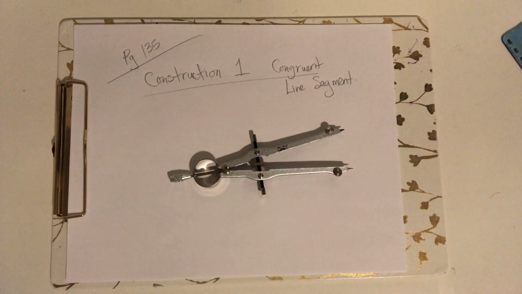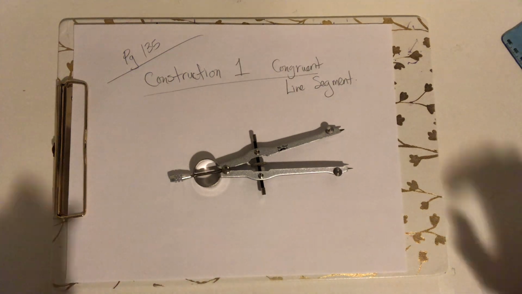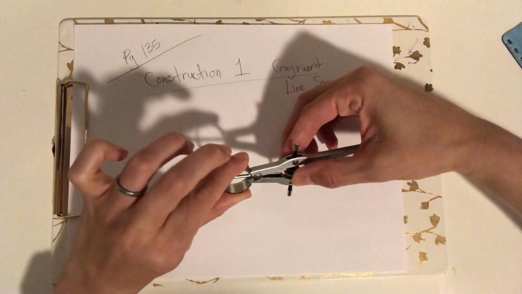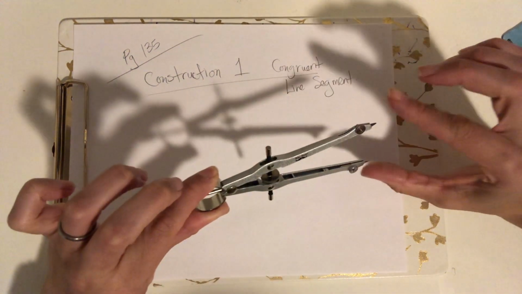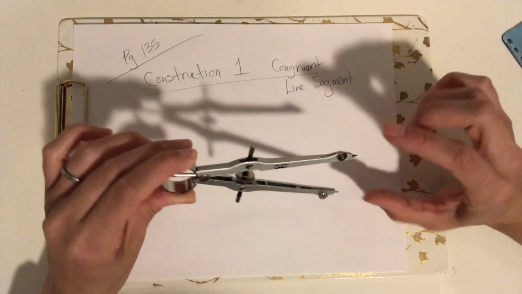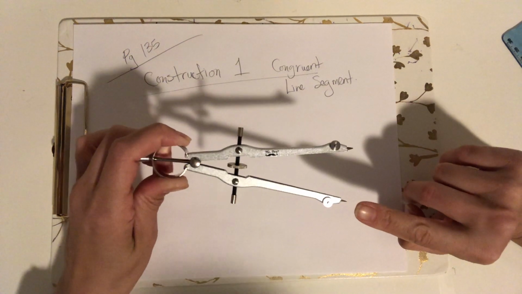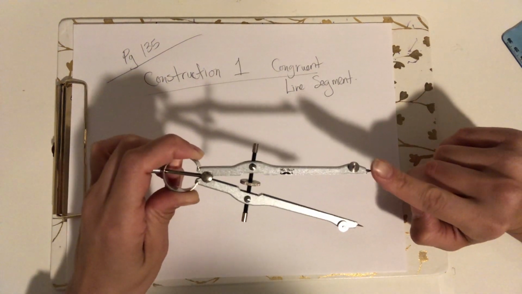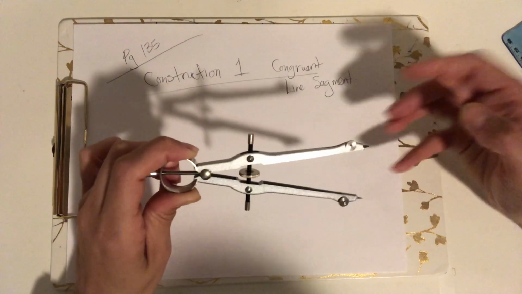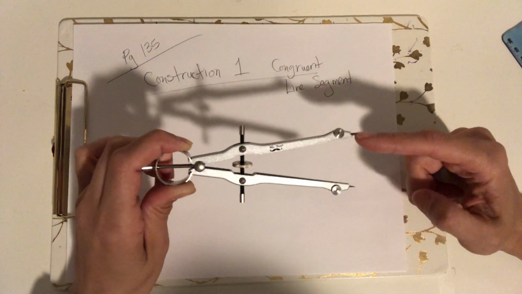So you might notice that I have this particular style of compass in which there's a screw in the center that allows you to increase or decrease the distance between the center, which is another way of saying the pointy part, and the writing utensil. This distance is also called the radius.